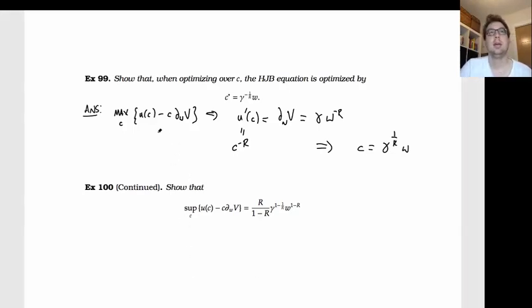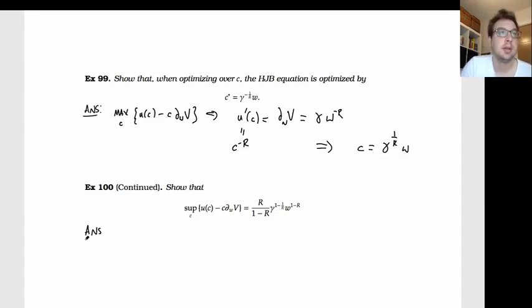Then we can substitute this back into the expression that we had in terms of C in the HJB equation, and we can show that it's equal to r divided by 1 minus r, gamma to the power of 1 minus 1 over r, times W to the 1 minus r. So let's just do that quickly. That's just a substitution step again.